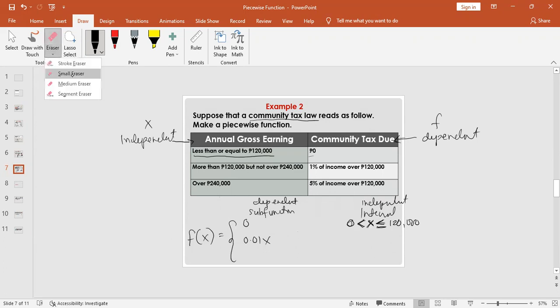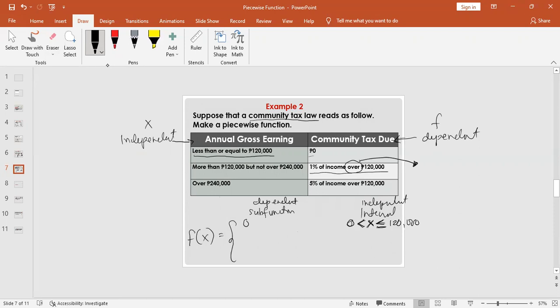Let us try to understand the second row of the table. Second condition. Okay? 1% of income over 120,000 pesos. So, let's assign other term for this over. Okay?